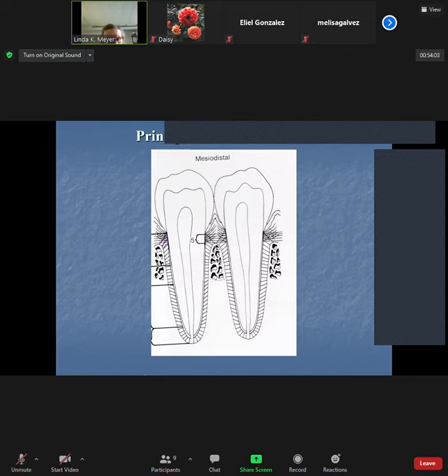And then I'm going to adjust the bracket a little for the horizontal, right in here. That's all in the cervical 1/3 on both sides.